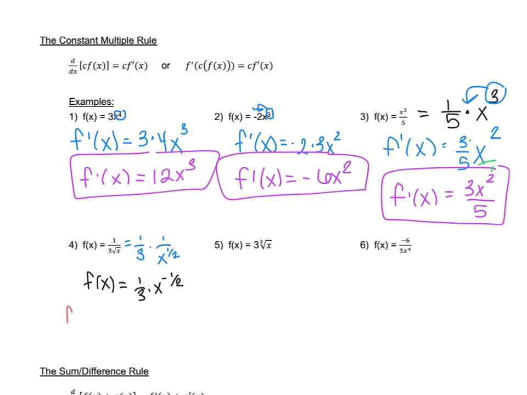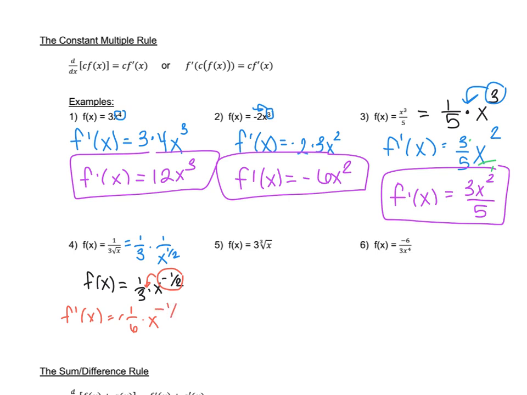Now I'm ready to find the derivative of f of x. So now we can apply the power rule combined with this constant multiple rule. So f prime of x, I'm taking my negative 1/2, the power, bringing it down, and it's going to be multiplied by 1/3. So that would give me a product of negative 1 over 6 when I multiply negative 1/2 times 1/3, times x raised to the power of negative 1/2 minus 1.